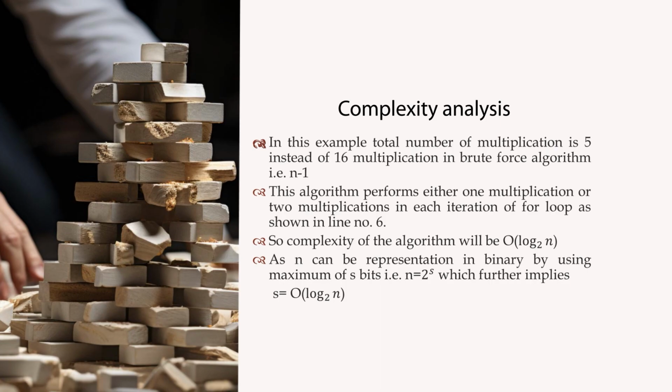The exponent n can be represented in binary using a maximum of s bits, and the number of multiplications depends upon the value of the bits. If the value of the bit is 1, two multiplications will happen. If the value of the bit is 0, one multiplication will happen. So n equal to 2 to the power s, which further gives s equal to order of log n base 2.